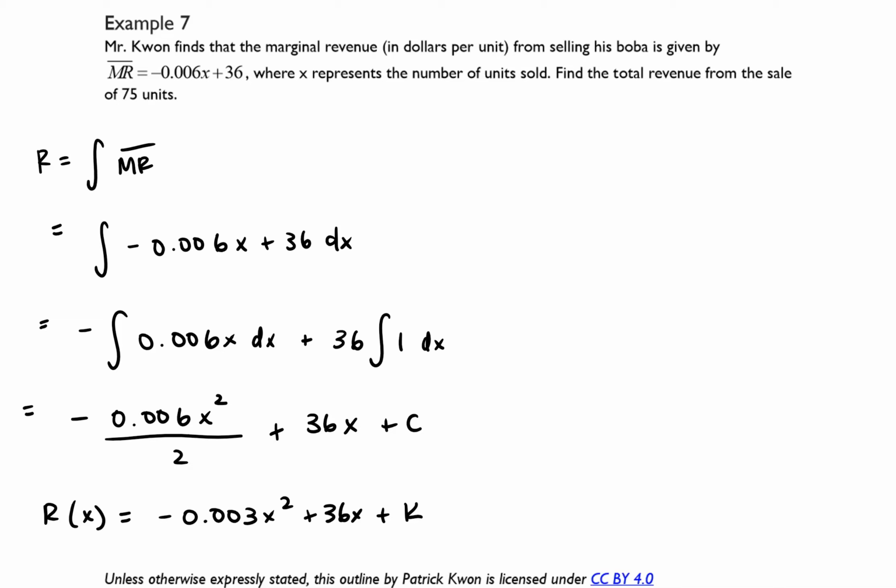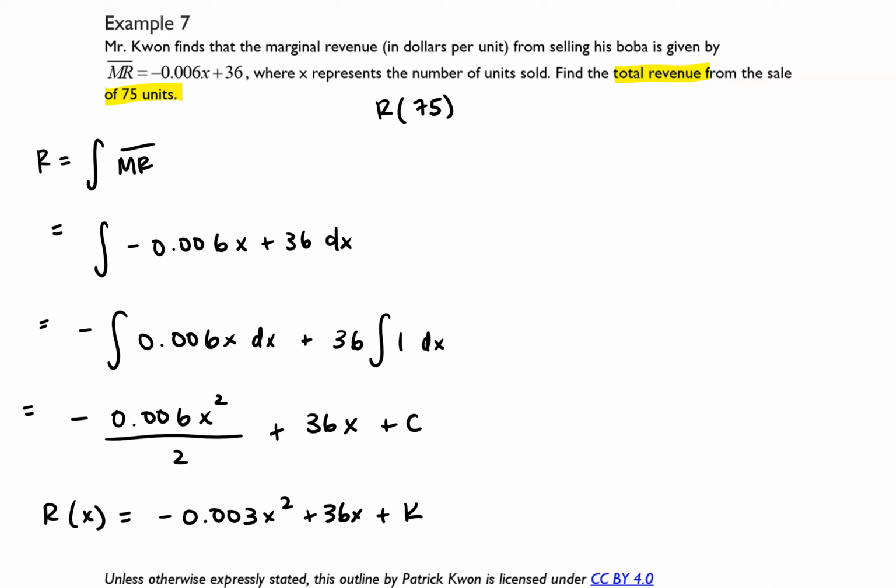Now, we want to find the total revenue from the sale of 75 units. And normally what we'd do is just evaluate R of 75. However, as we have it, because we have the constant of integration, we're not going to be able to get a numeric value yet.